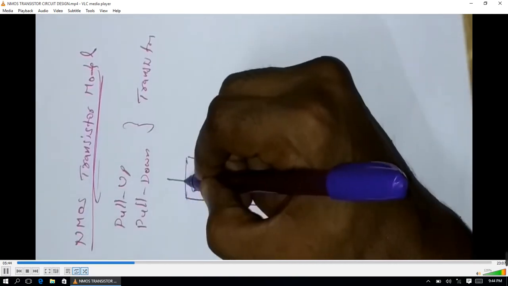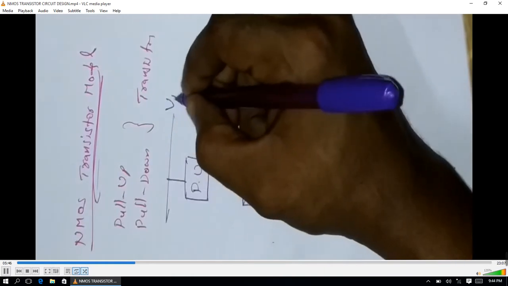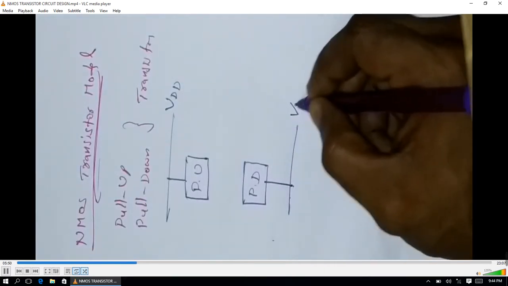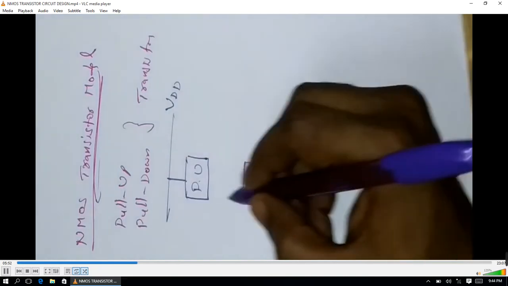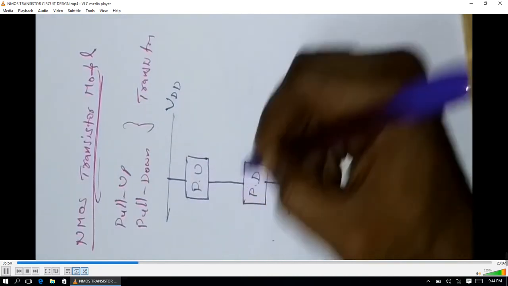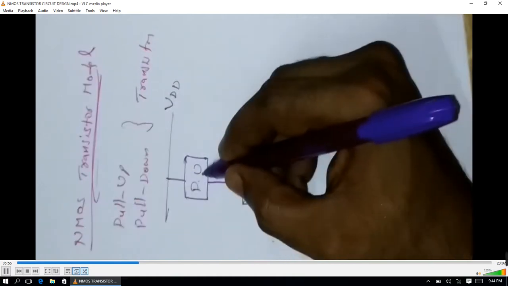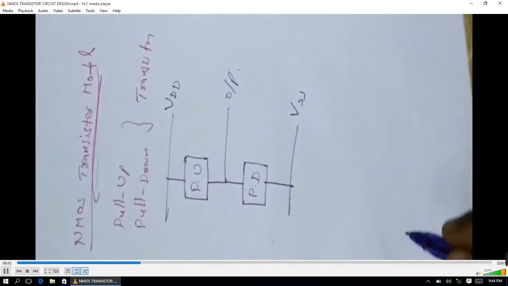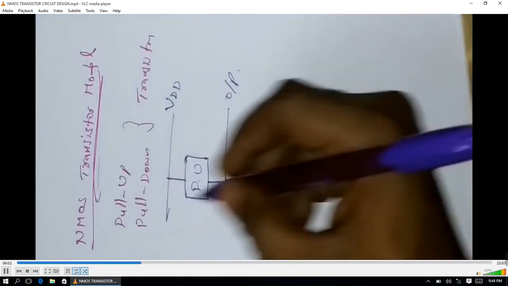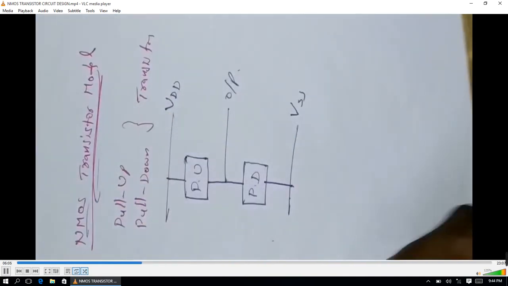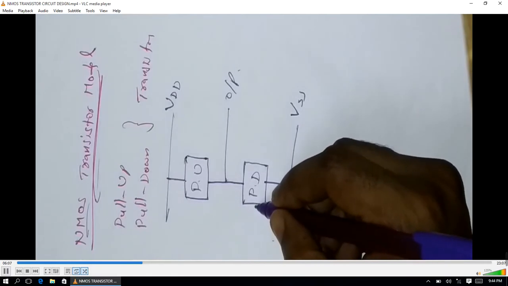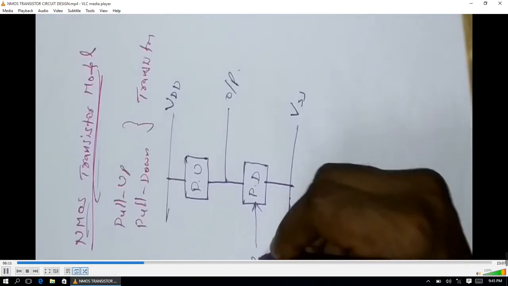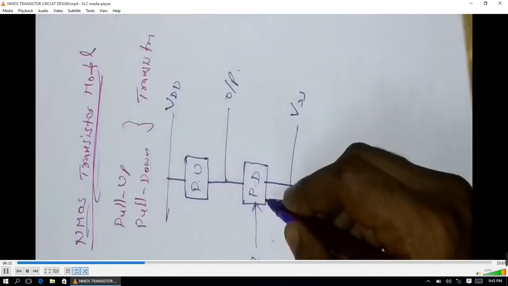Here the VDD is applied to the pull up transistors, and this should be considered as ground. Simply you can take it as VSS, and the output is always obtained in between the pull up and pull down transistors, that is the output. And in the case of the Nmos transistor model, the input should be given only to the pull down transistor.